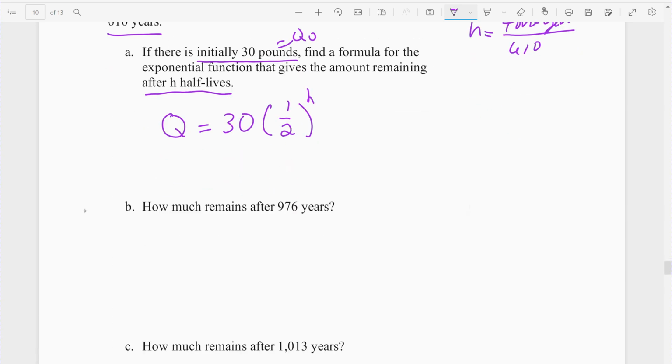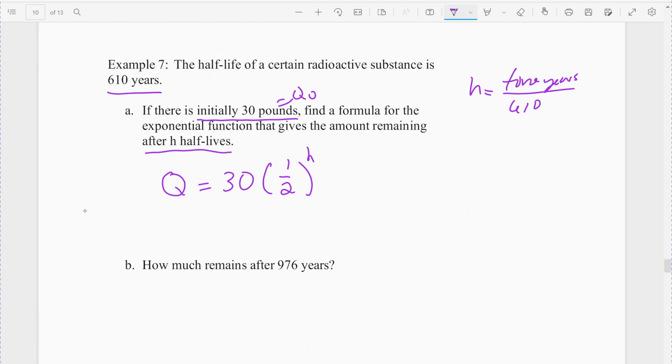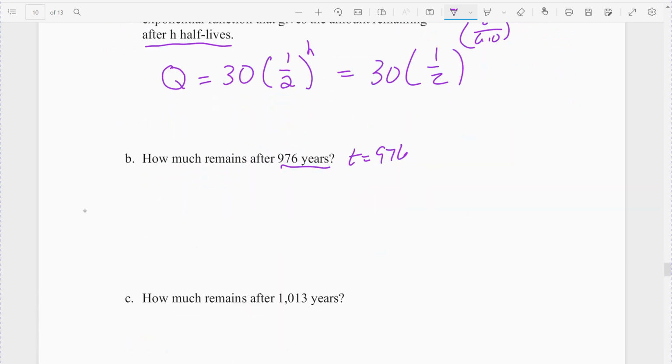Well, again, there's a few ways you can do this. If you want to, you could use 1/2 raised to time over 610, which means that's the t. T equals 976, or you can figure out how many half-lives there are. So take 976 divided by 610, which comes out to 1.6 exactly.